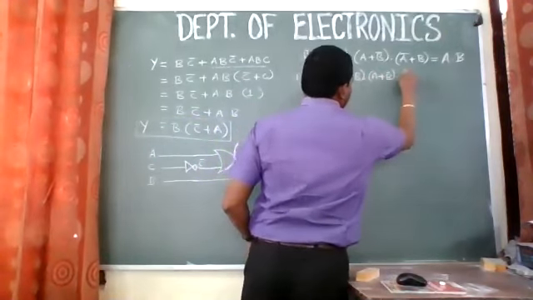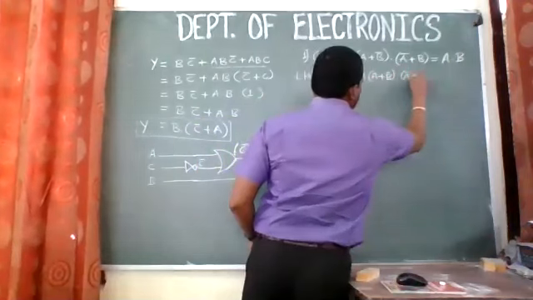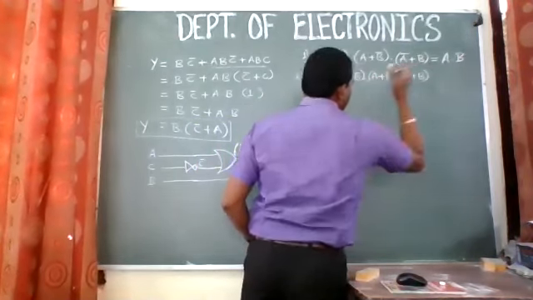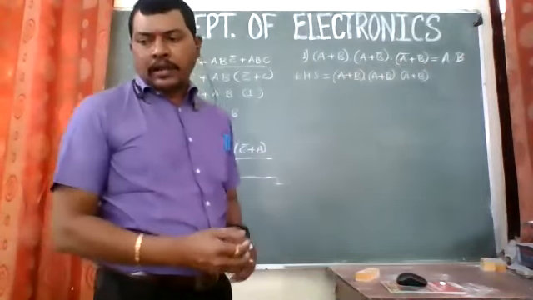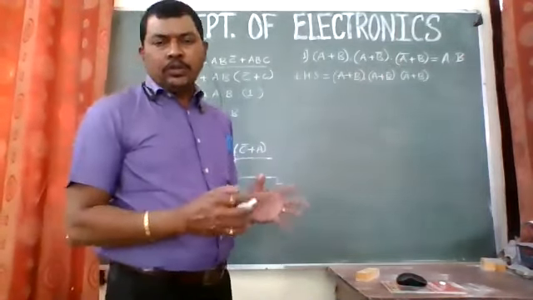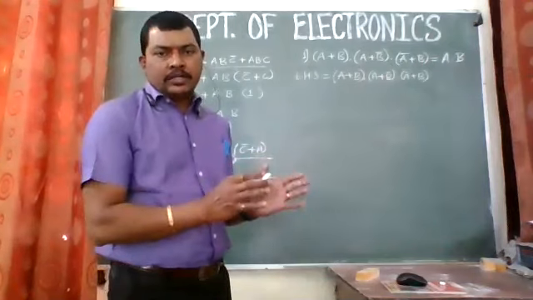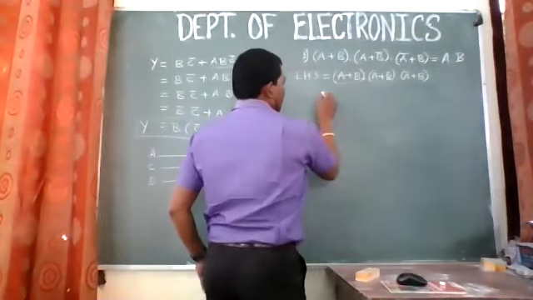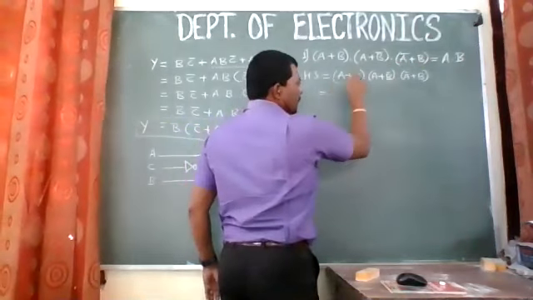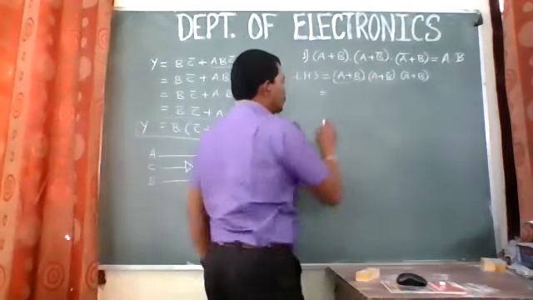This is the equation and we need to simplify it. So let us start with one of the brackets, this bracket and this bracket, multiplied completely.